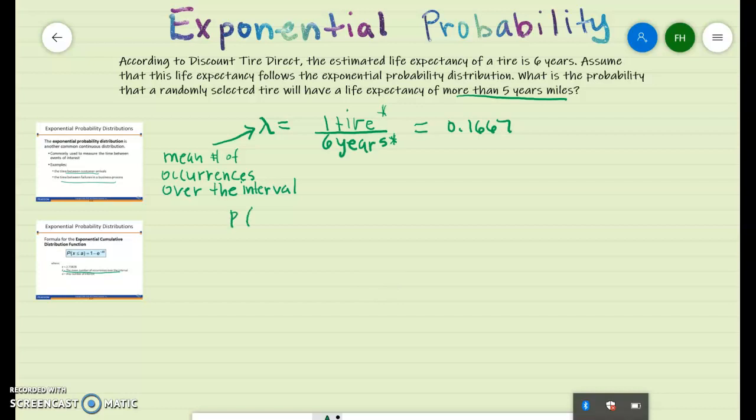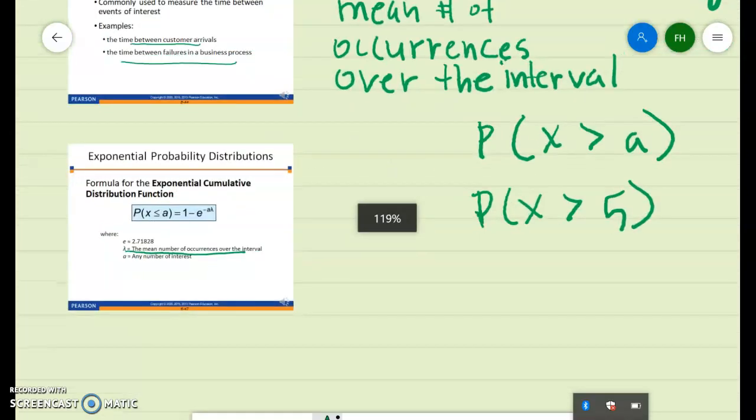So we're looking for the probability that X is greater than A. So what is A here? A is going to be 5. So the formula we're going to use, let's look at it.